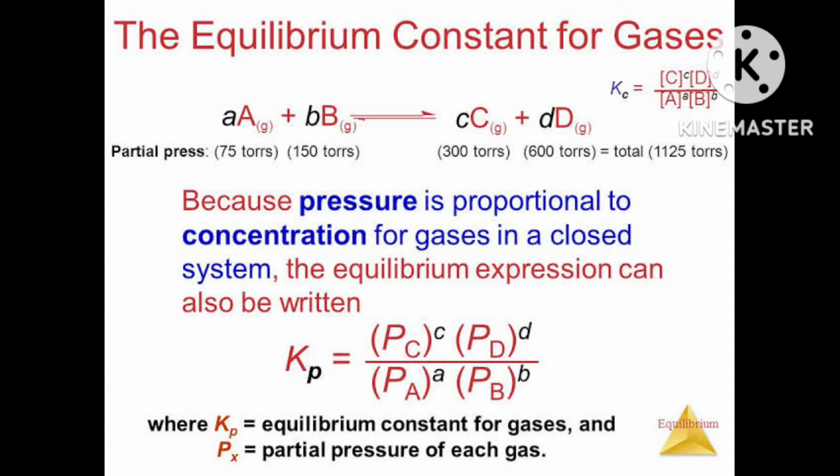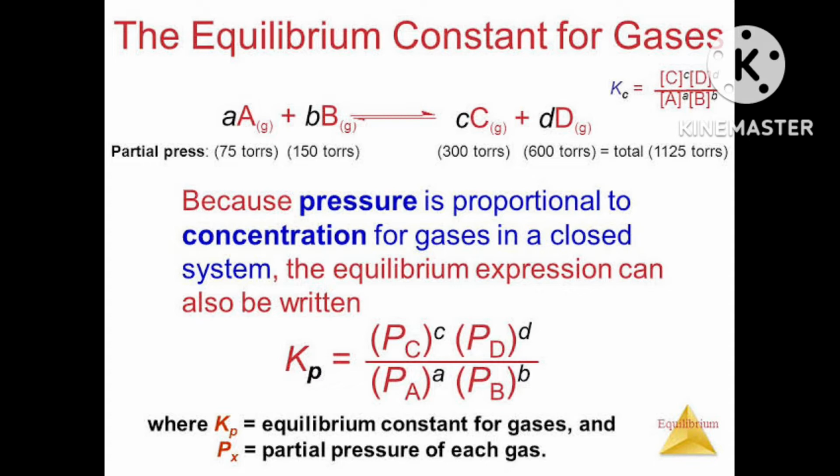Rate of forward reaction is equal to K1 into concentration of A into B. Likewise, the rate of reverse reaction is equal to K2 into concentration of C into D. So two proportionality constants, K1 and K2, have been used.